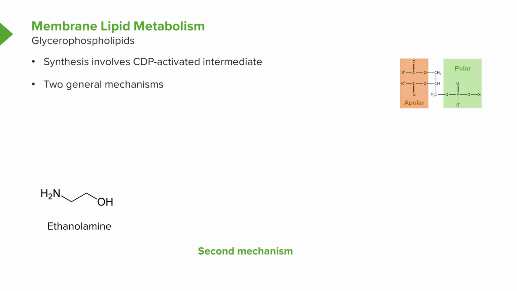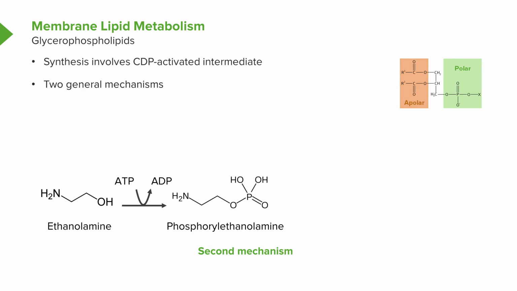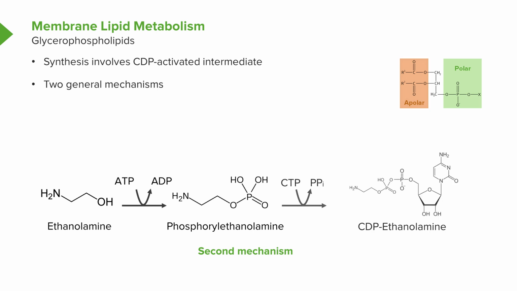In order to activate the ethanolamine, we first put a phosphate onto it to make phosphoryl ethanolamine. Now, that phosphoryl ethanolamine is a substrate for making CDP ethanolamine. We have one phosphate on the phosphoryl ethanolamine, we have 3 phosphates on the CTP, and when we combine the two, what we end up with is CDP ethanolamine, and we split out a pyrophosphate, just like we did in the phosphatidyl material.